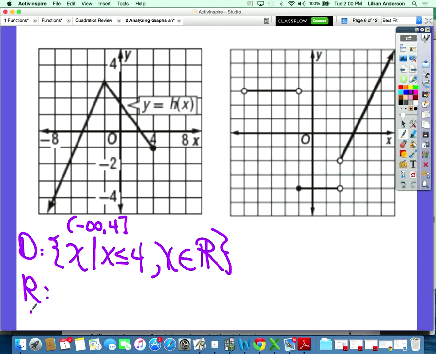Now my range, those are my y's. I go all the way from negative infinity to, careful with the scale, to 3, because it's defined all the way up to 3. So how would I represent that in set notation? There's interval, but how would I represent it in set?